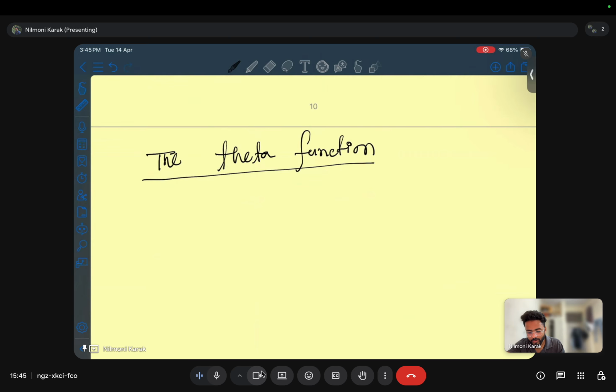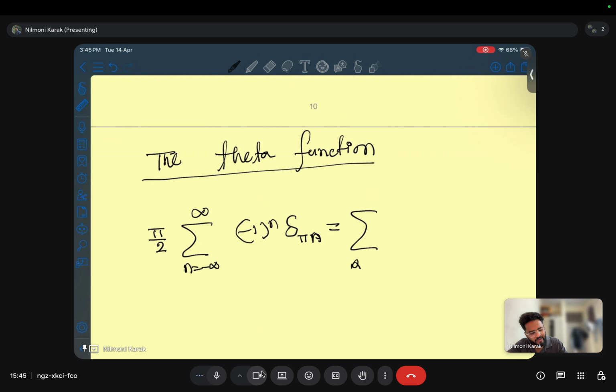If you try to find the Fourier expansion of the periodized delta distribution, then you will have pi by 2 sum n equals minus infinity to infinity of minus 1 to the power n delta at pi n, equal to a sum over k equals 1 to infinity of cos (2k minus 1)x.